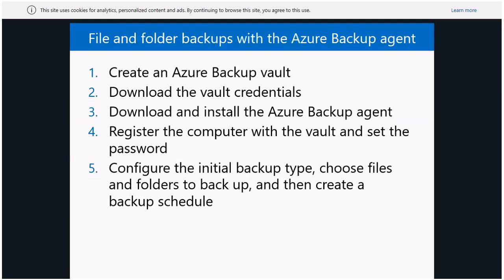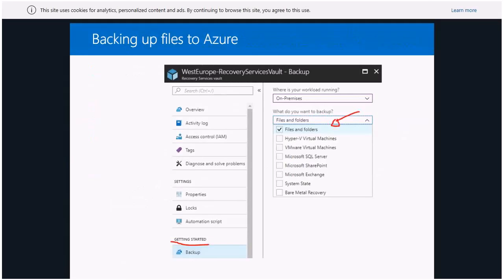The first thing, as I already told you, is to create the Azure Backup Vault, then download the credentials, download the agent or the backup tool, do the installation, do the registration, and then set up the backup, setting the target you want. Quickly, these are the steps.